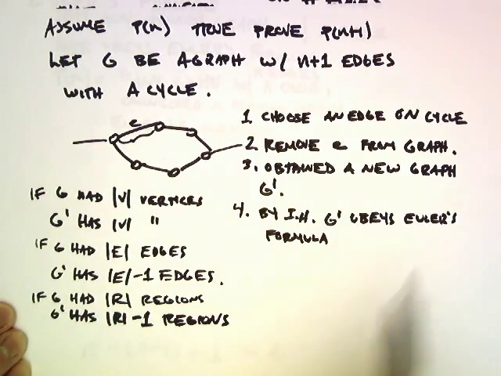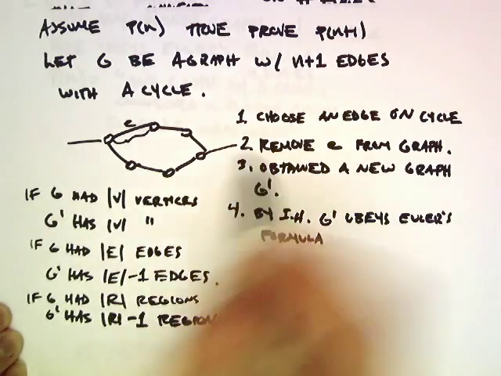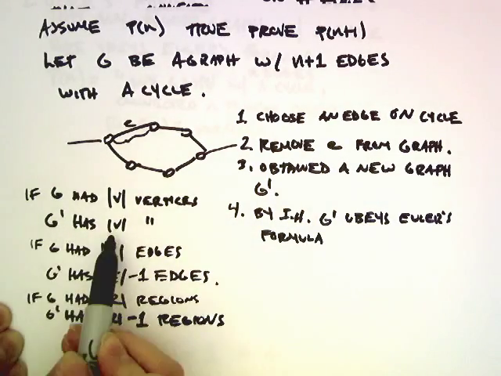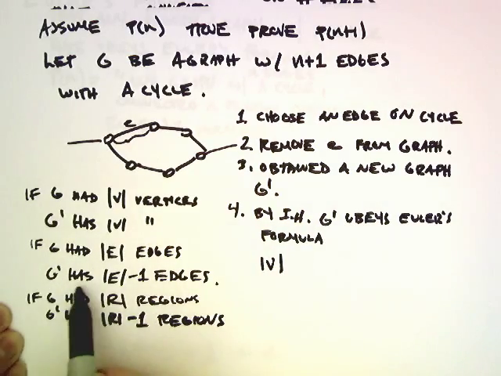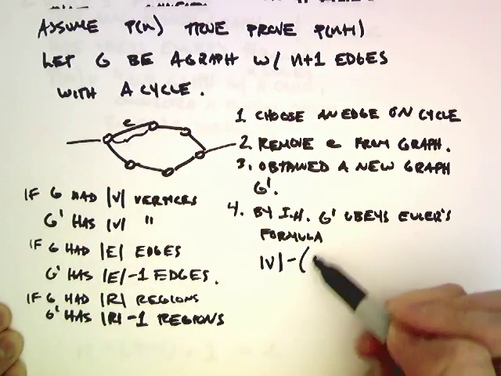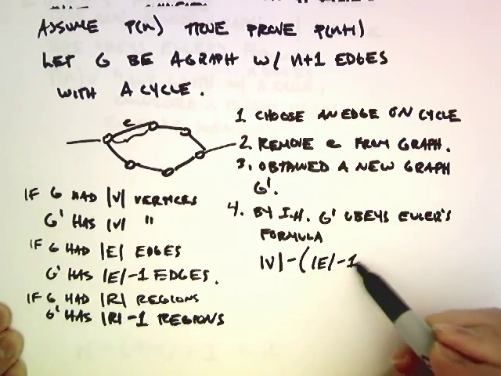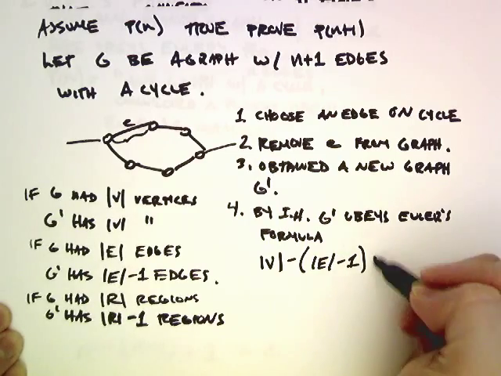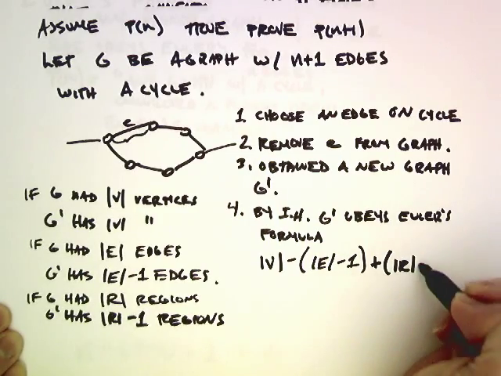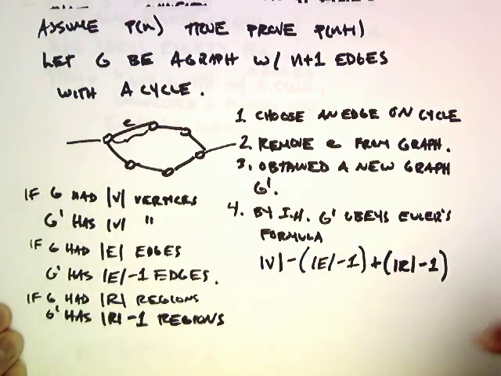Okay, so G prime obeys Euler's formula. What does that mean? Well, the number of vertices of G prime, which is V, minus the number of edges of G prime, which is E minus 1, plus the number of regions of G prime, which is R minus 1, has to equal 2.